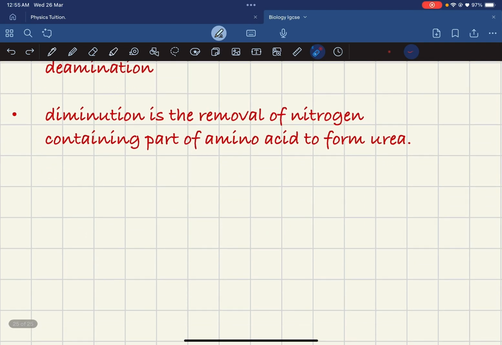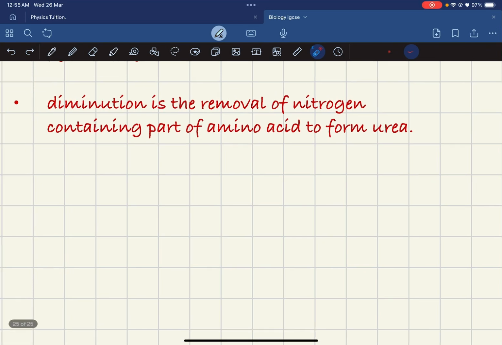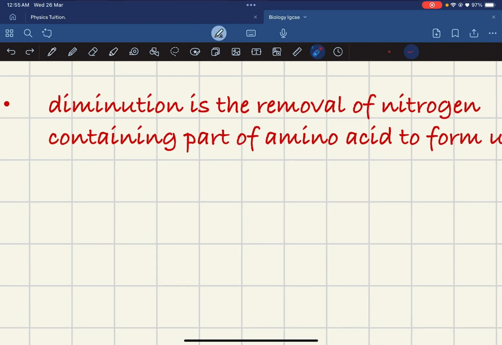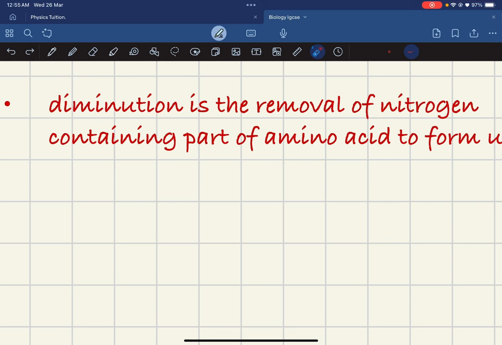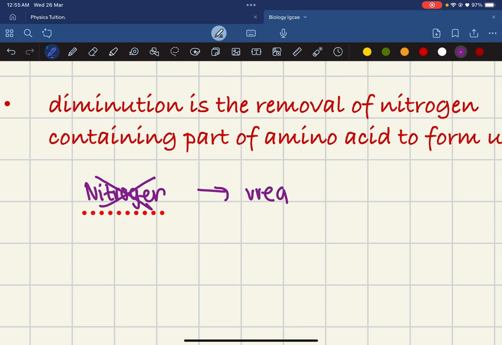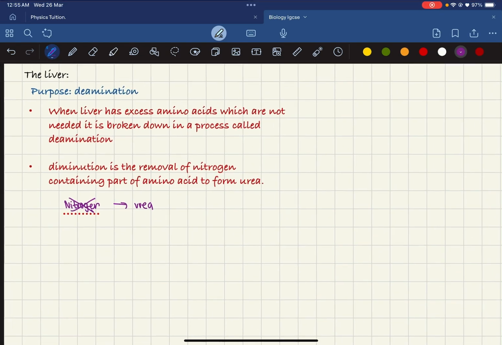Now what deamination does is that it removes the nitrogen containing part of the amino acids to form urea, as I mentioned earlier, because the main component of protein is nitrogen. So if you remove nitrogen, it is no longer an amino acid. In fact, it turns into urea, which is now something toxic and it can't be stored, and so it is just going to be released through your urine.